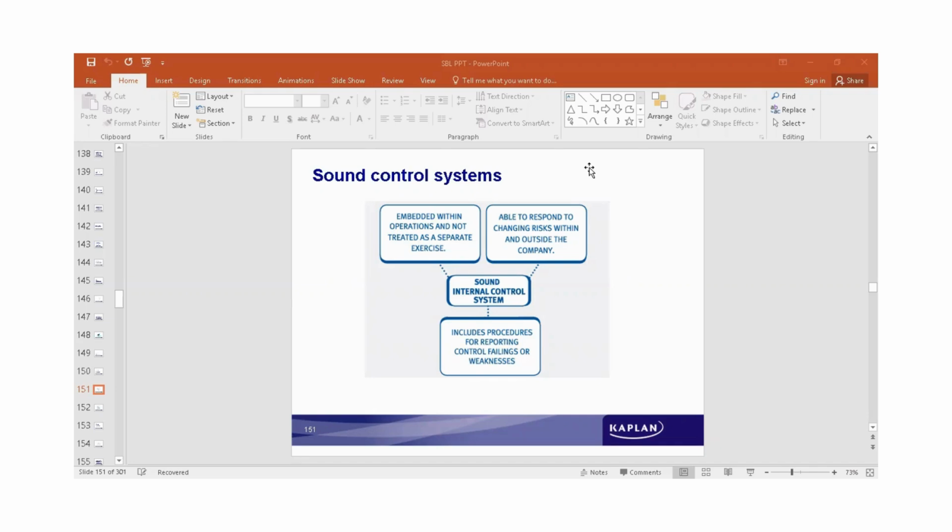So what is the amount of monetary loss that can happen on account of the event happening. So internal, external, whatever events happen, they do make a note of it and then quantify the monetary loss. So assess what would be the impact of that. Then it includes procedures for reporting control failings or weaknesses.